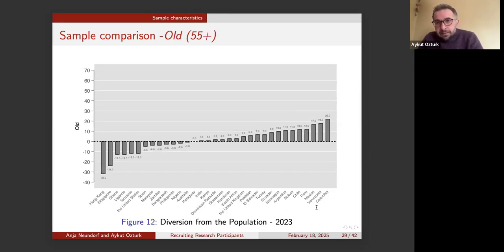This is just the other side of the coin. If we look at older people, you can see that we under-recruited older people in Ghana, Uganda, Tanzania, Hong Kong and Singapore. Again, since it was more expensive to recruit respondents, we didn't do targeting, and that resulted in a higher proportion of younger people.